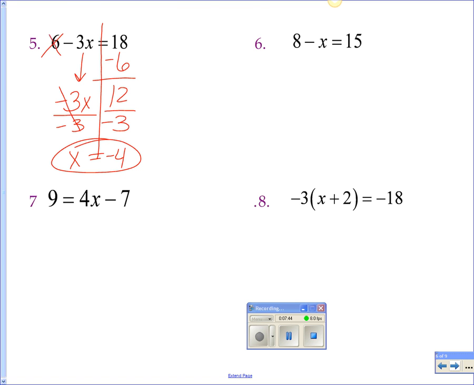All right, number 6, 8 minus x equals 15. Kaylin, what do I want you to do first? Mateen, what's something that needs to move? How do I move it? What do I write?